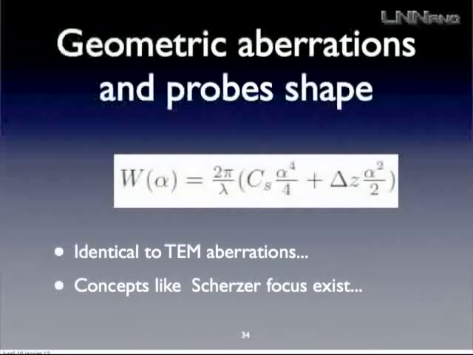And there is no reason why it would not be. I discussed with you the reciprocity theorem. So for bright field, it has to be exactly the same. It's not exactly the same for HAADF, to be honest, but for bright field, it's exactly the same. So it's totally identical. And all the concepts that you have in non-corrected TEM, like Scherzer focus, exist for STEM.